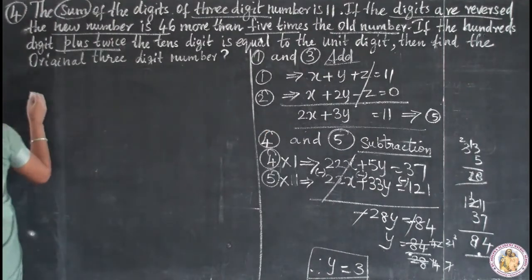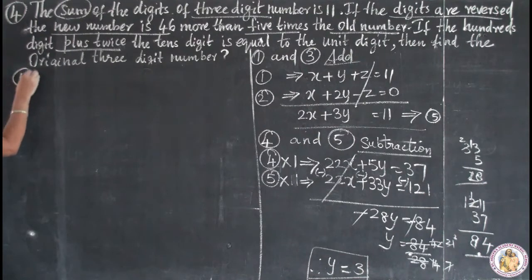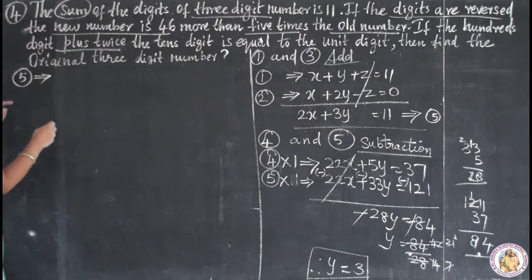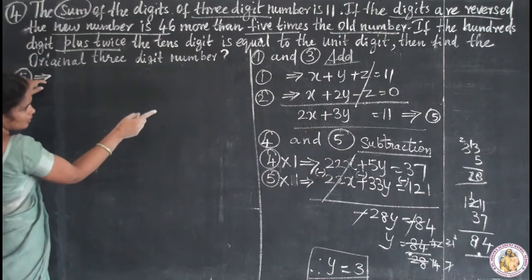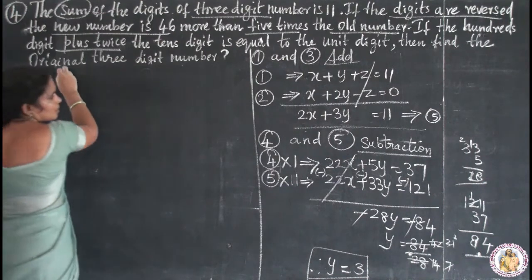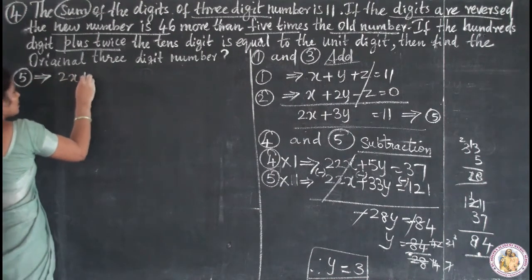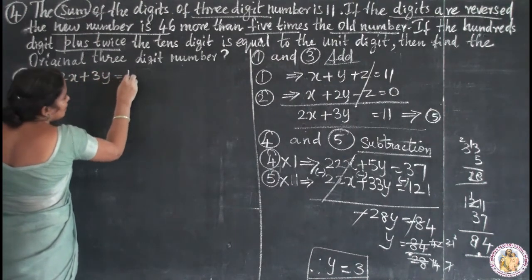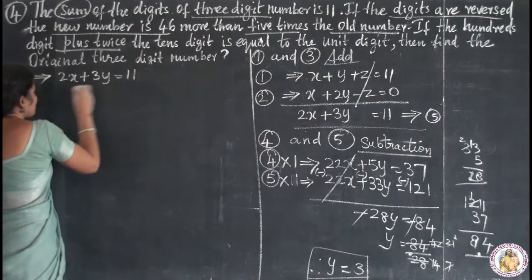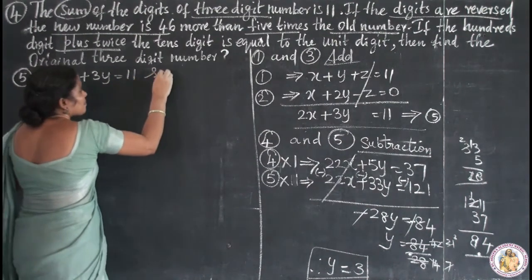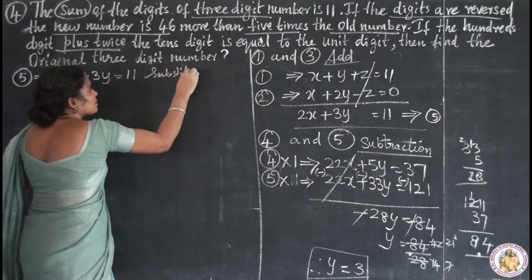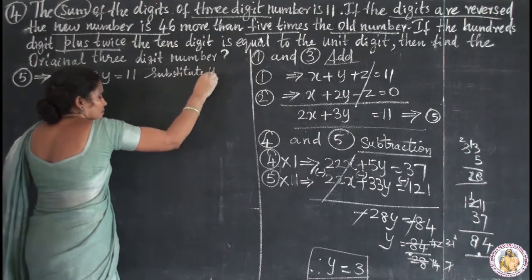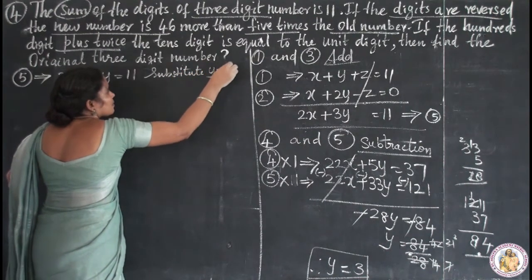Either you can take fourth or fifth equation. I will go with fifth equation. 2x plus 3y is equal to 11. Substitute y is equal to 3.